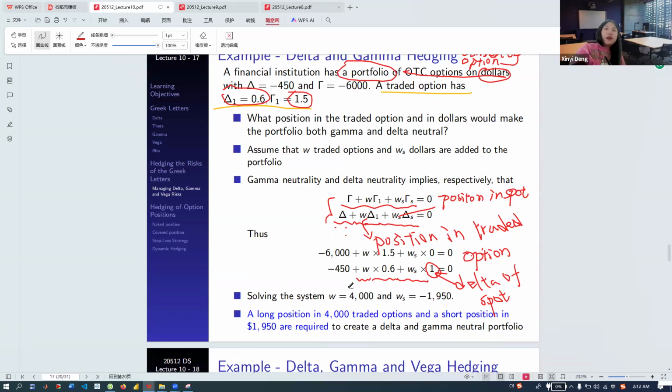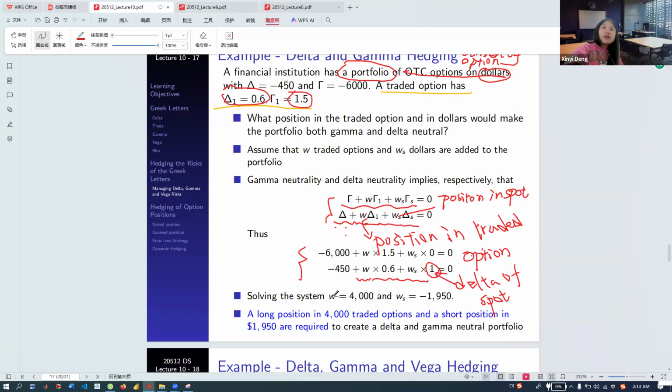And then we have an equation system with two unknowns, W and WS, and also two equations. So we can easily solve for W and WS. W is equal to 4,000 and WS is equal to minus 1,950.